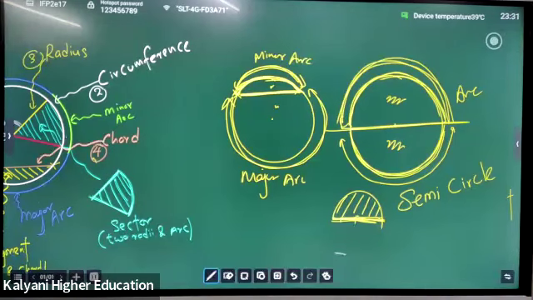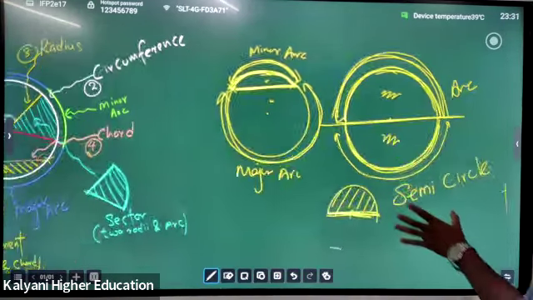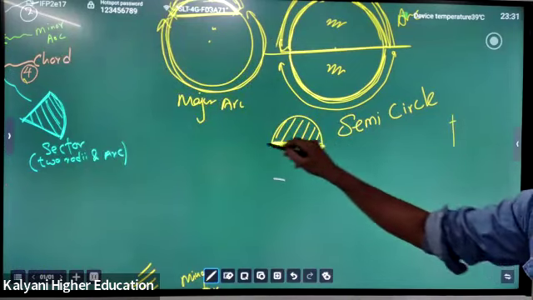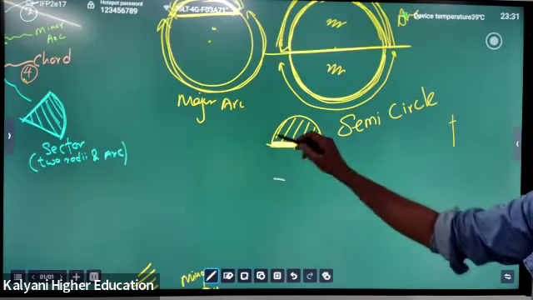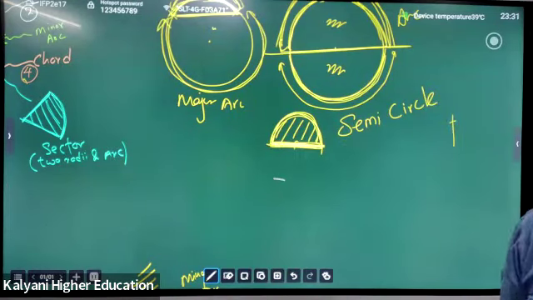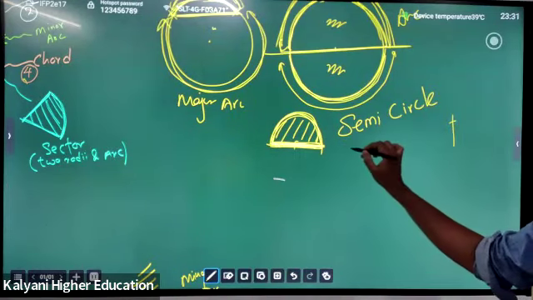Semicircle. But you know that one. The diameter is a chord, the longest chord. The semicircle means the part of the circle bounded by the chord and an arc. We call that a segment.